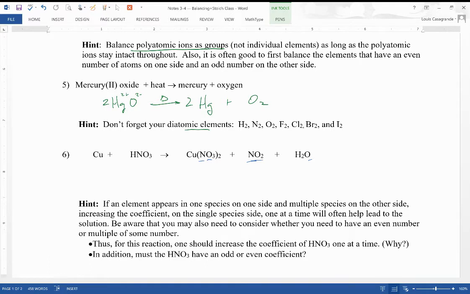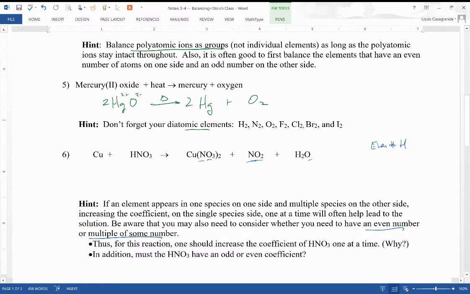The way you're going to start something like this is you're going to notice that in this case, we have an even number or multiple of some number of specific atoms on the right. What that is, we have an even number of hydrogens because we have water, H2O.